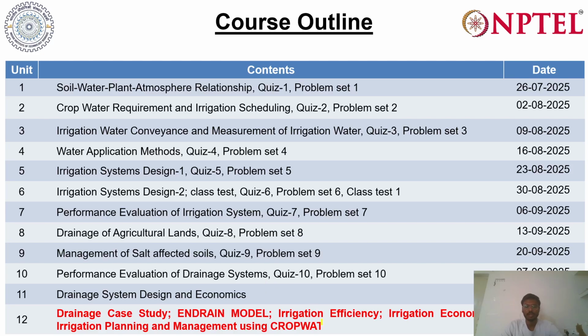Then we will look at irrigation efficiency. This is also very important, and we had not discussed it in detail earlier, so in this last week we have discussed it in detail, along with certain aspects of irrigation economics. And finally we will see how we can properly use irrigation planning and management.